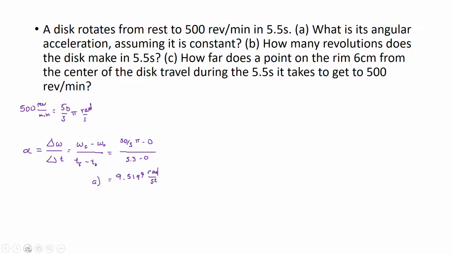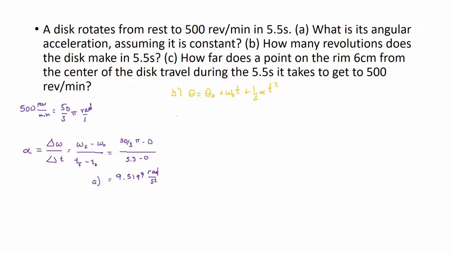For part B, we need to know the total revolutions the disk makes in that time. This time I'm going to write in orange. I'm going to write B all over here. For that we use another formula that we used before: the angle is initial angle plus initial angular velocity times time plus a half of the angular acceleration times t squared.